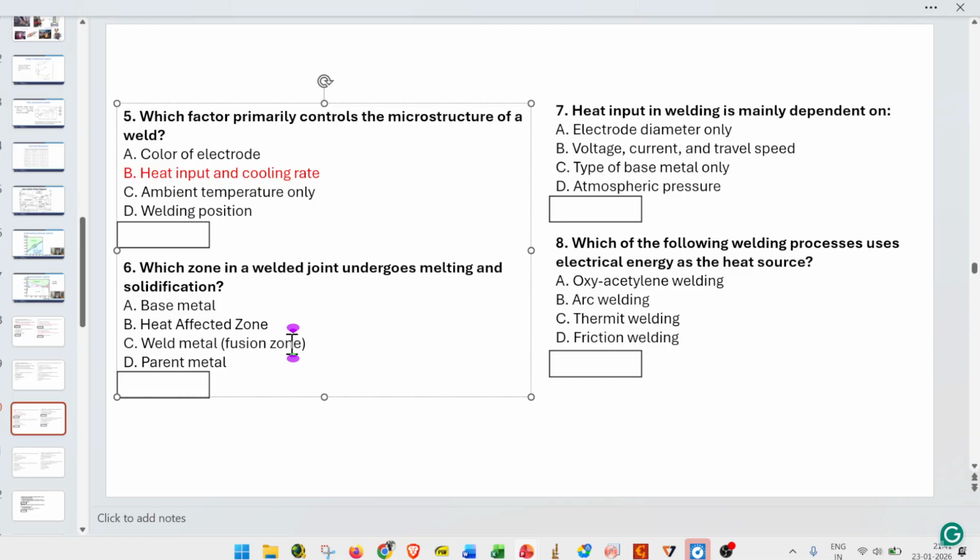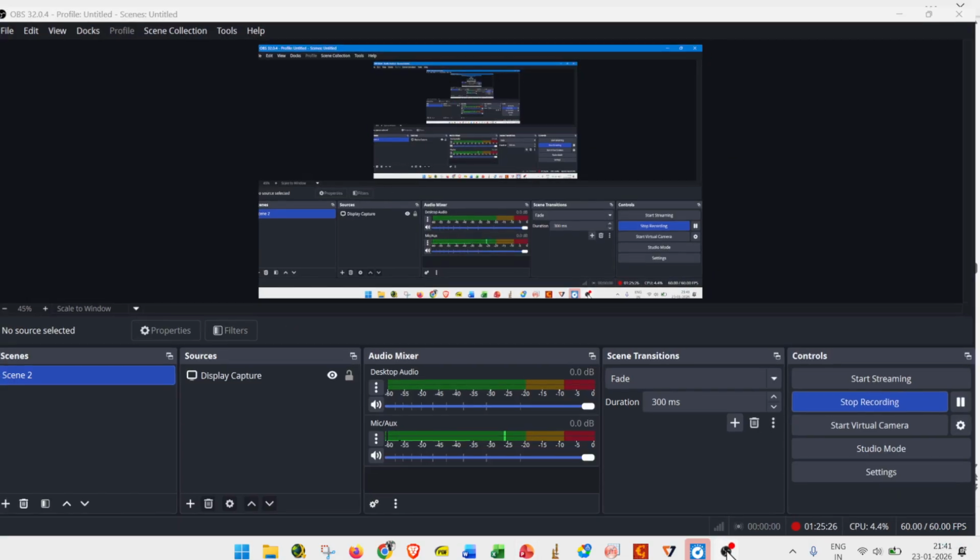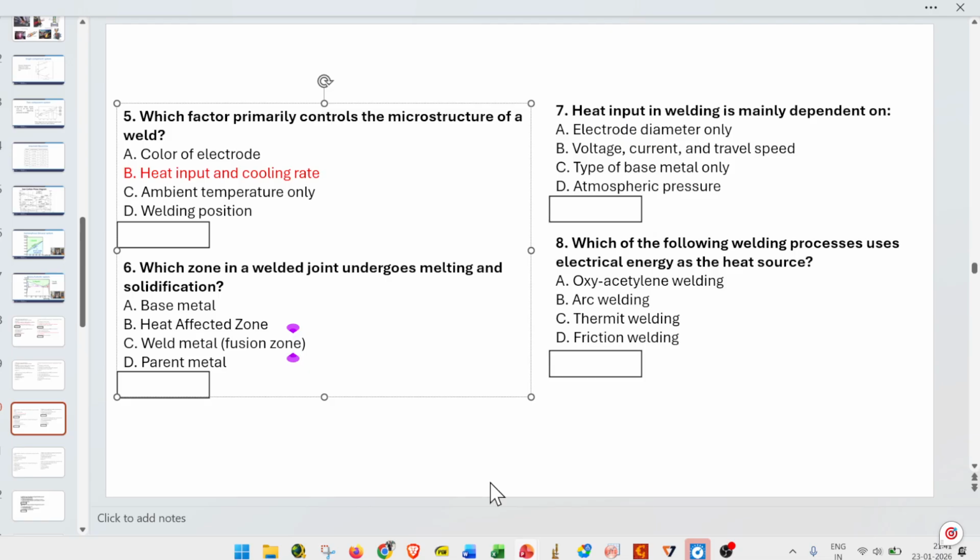Next question. Which zone of the weld undergoes melting and solidification?